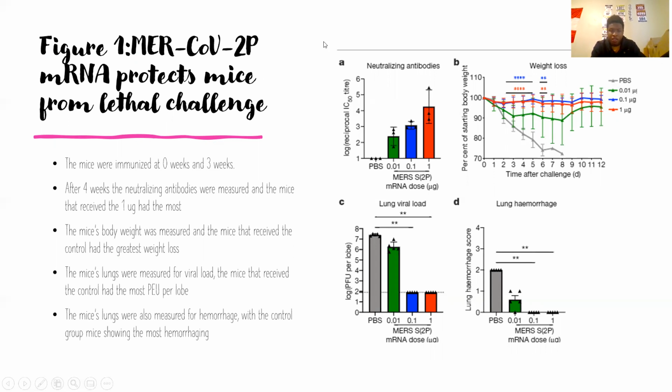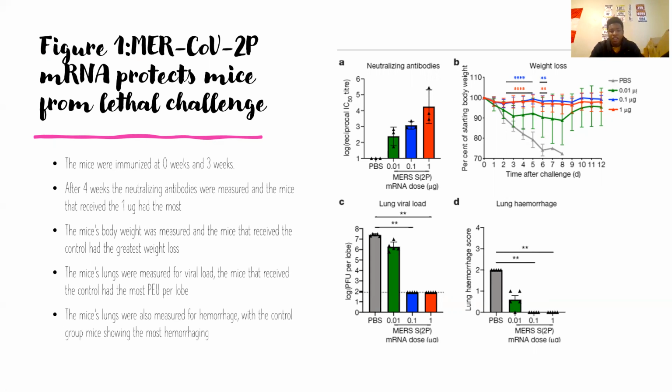If you look at panel A, this shows that after 4 weeks, the number of neutralizing antibodies was measured in each group of mice. And the mice that received the 1 microgram dose of the vaccine had the most neutralizing antibodies.